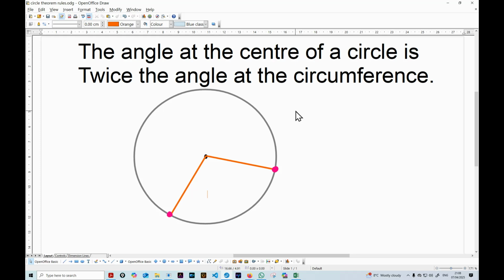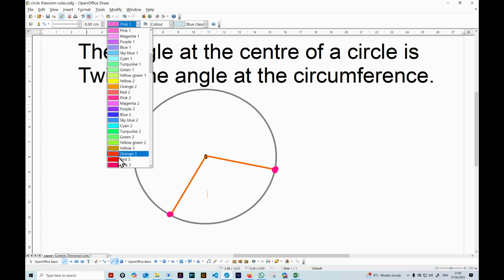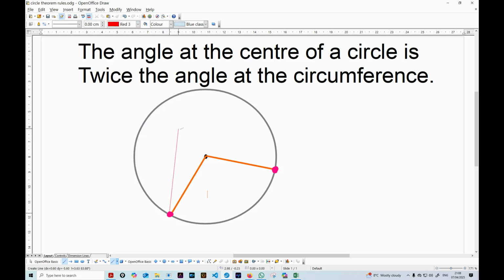Now, from the same 2 points, another 2 lines originate. I'll make it a different color, red. It originates from here and goes to touch the circumference.